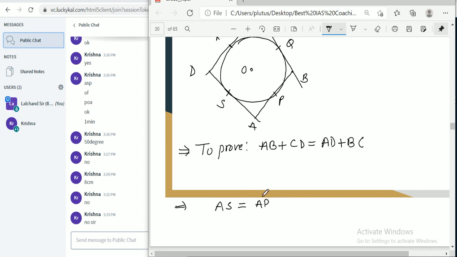This is correct or not? What is the reason?